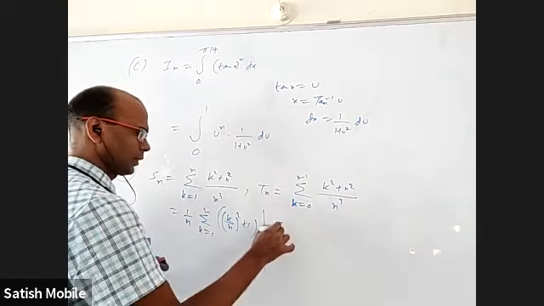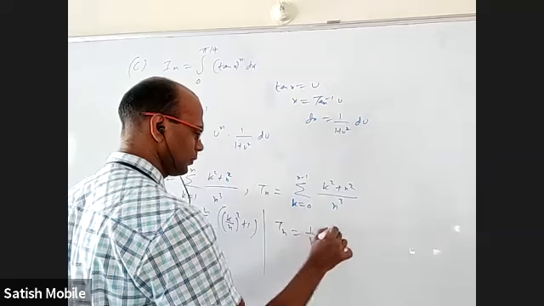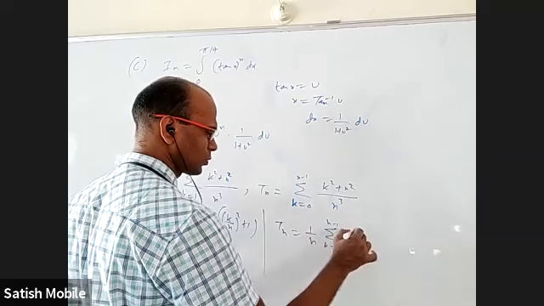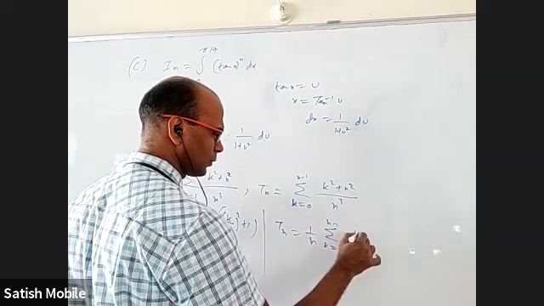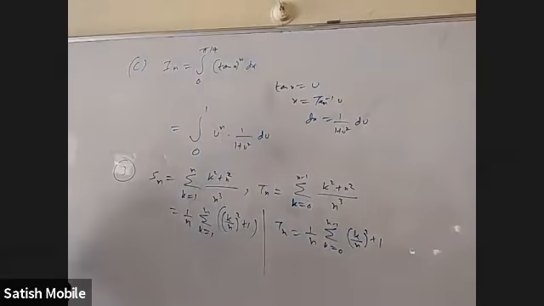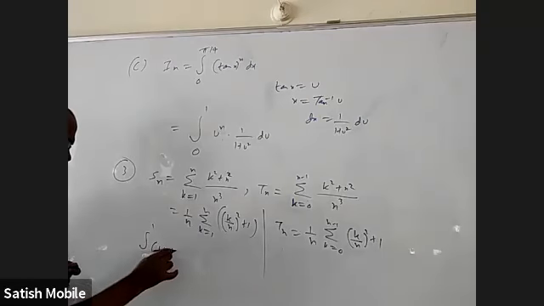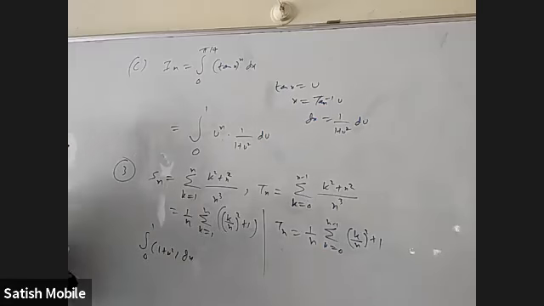This is also the same: Tn is equal to 1 by n sigma k equal to 0 to n minus 1 of (k by n) whole square plus 1. Actually, both are nothing but integral 0 to 1 of x square plus 1 dx. Both are that only, because this k by n is our x.